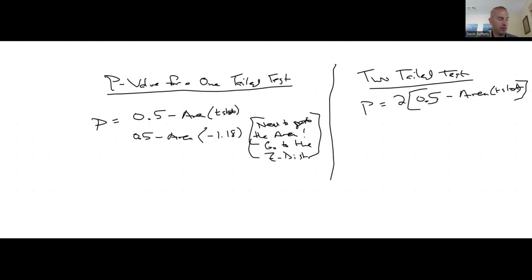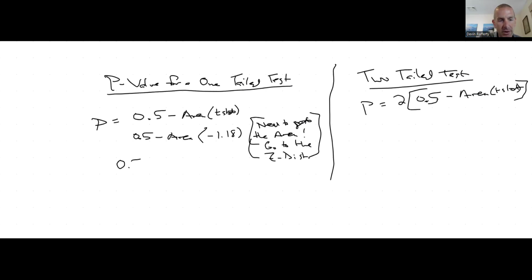So now we have an area. We have 0.5 minus 0.3810 for our p-value. 0.5 minus 0.3810 is 0.1190. So the p-value, p, is 0.119.